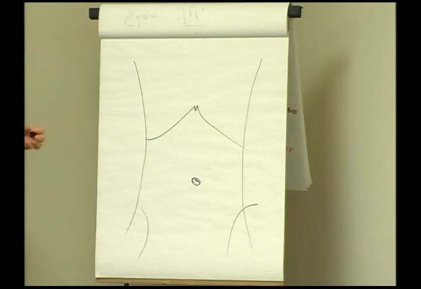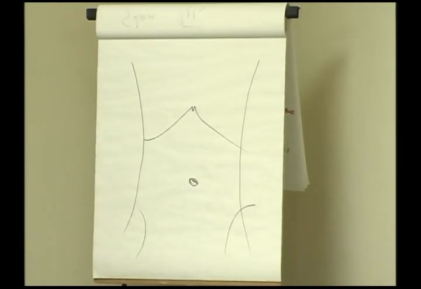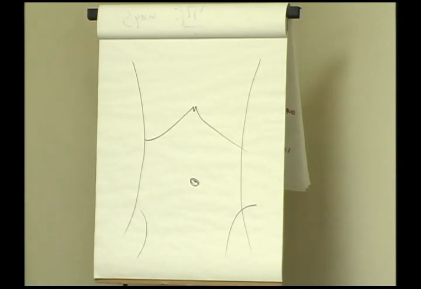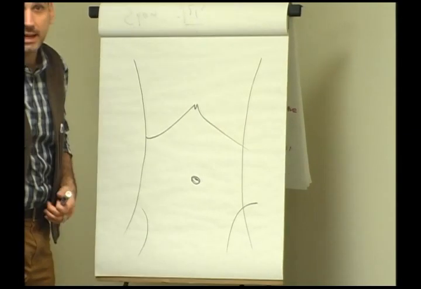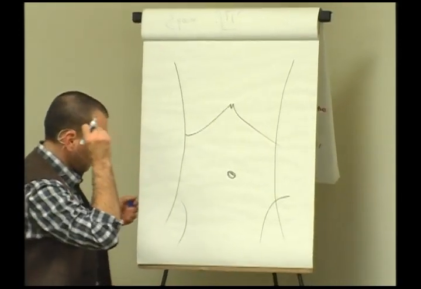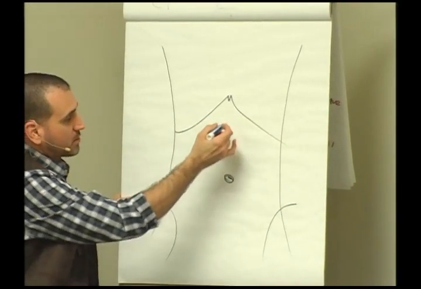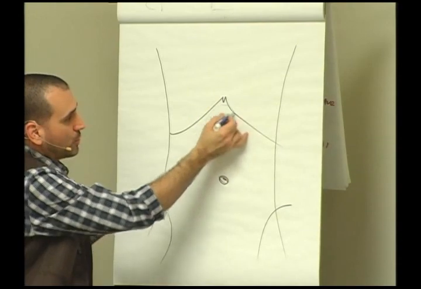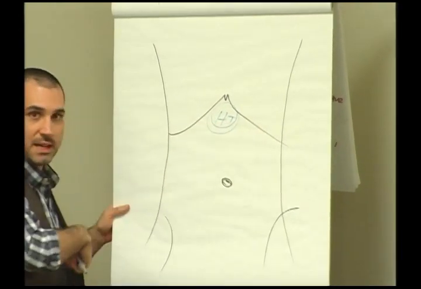That's the navel. So in the Nanjing, it tells us the basic abdominal diagnosis, and this is the abdominal diagnosis we use in Japanese acupuncture systems. This is a very basic abdominal map. So the heart zone we find right under the xiphoid process.